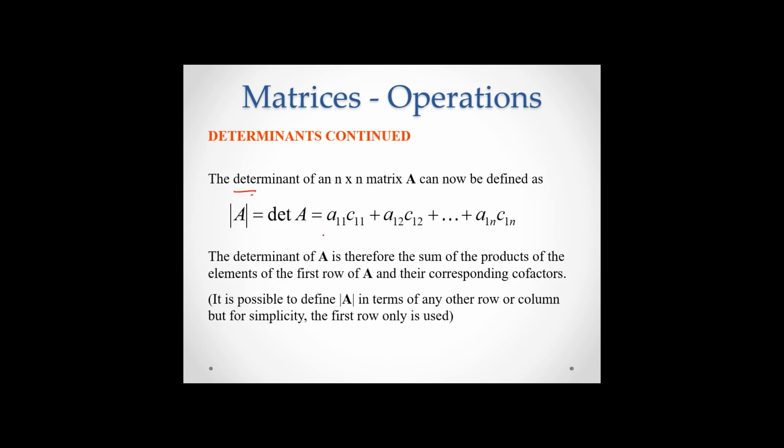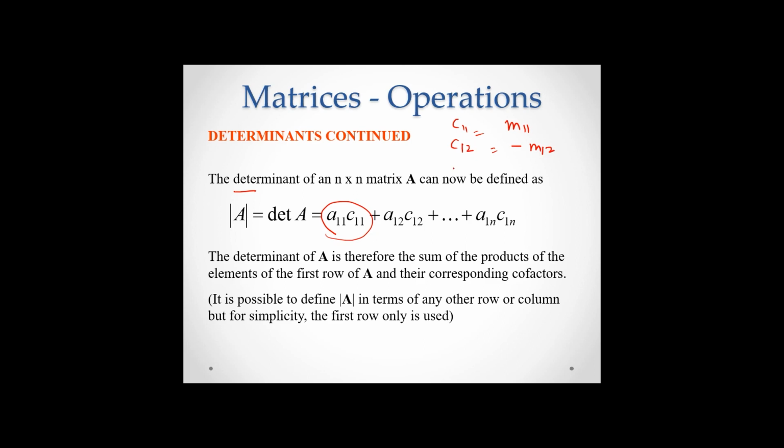Determinant is actually calculated by multiplying A11 with the corresponding C11, because what? C11 is M11 with the sign. C12 will be minus sign of M12.